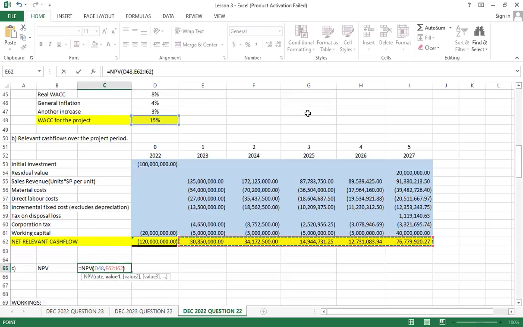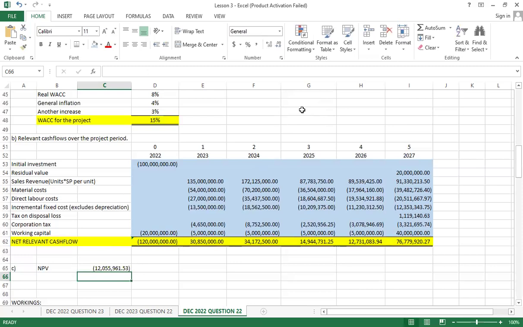Then close the bracket, then plus this minus period 0. And this gives us an NPV of negative 12 million.